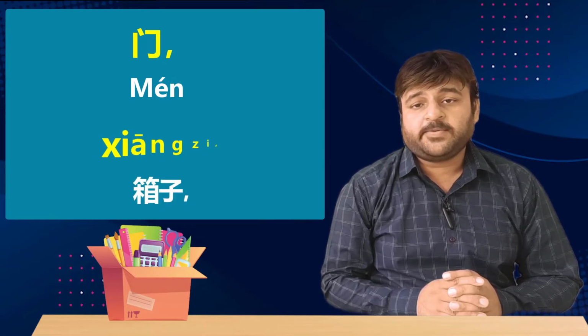Moving on to the words in the box to make replacements in the underlined parts of this sentence. 门, door. So when we replace men in the above sentence: 门开着没有? Is the door open or not? 箱子 suitcase.